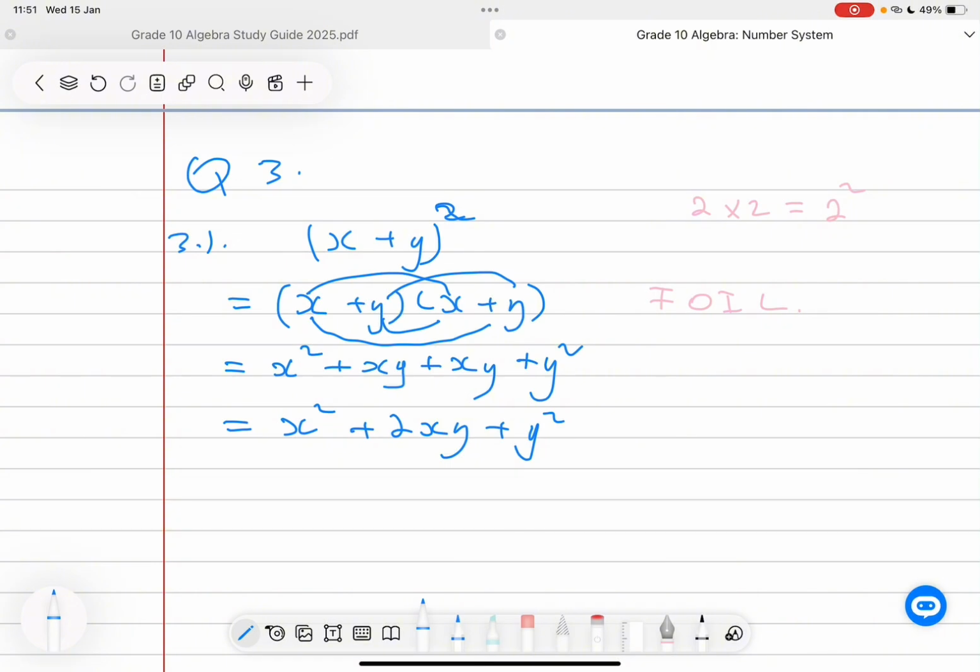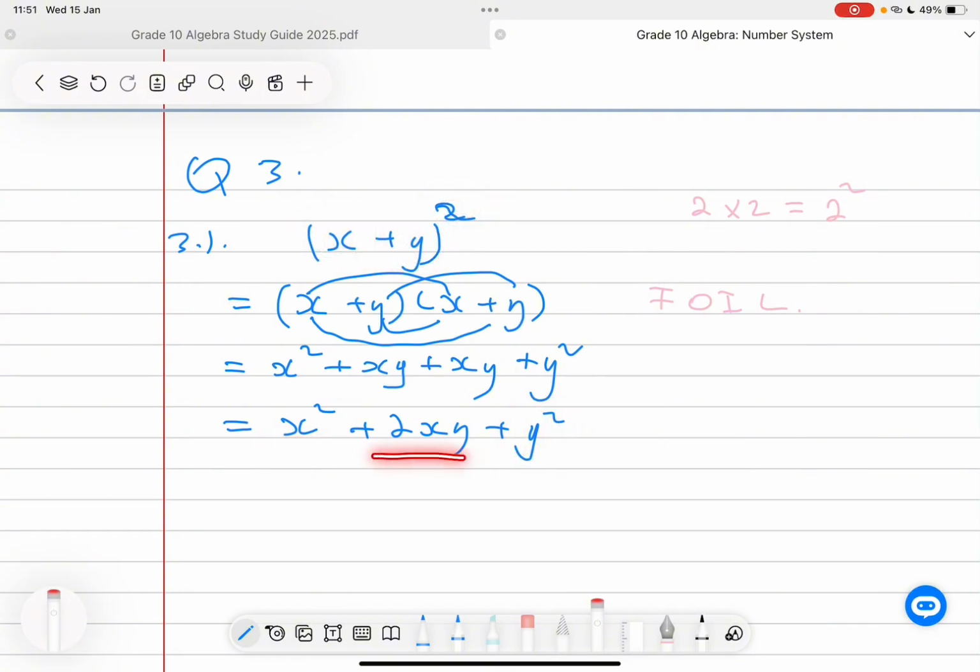Now if we inspect this problem, that is to say, if we look at it carefully, it's like we're having the x here being squared, and we also have the y here at the end being squared as well.